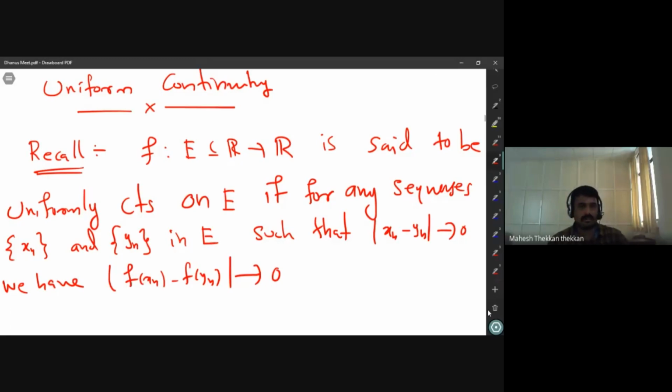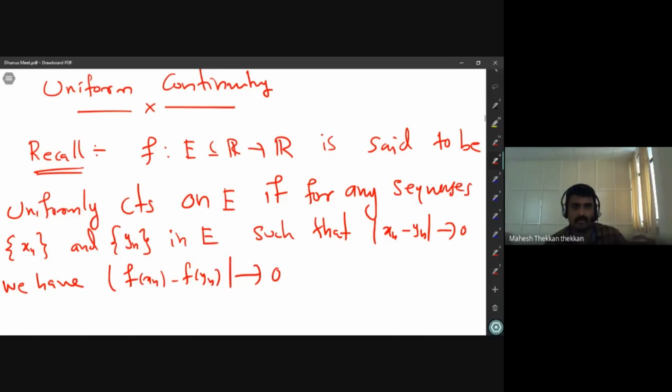So you consider a function f from E subset of R to R, and that function is said to be uniformly continuous on E if for any two sequences x_n and y_n in E such that their difference goes to 0, then f of x_n minus f of y_n has to go to 0 as n tends to infinity.